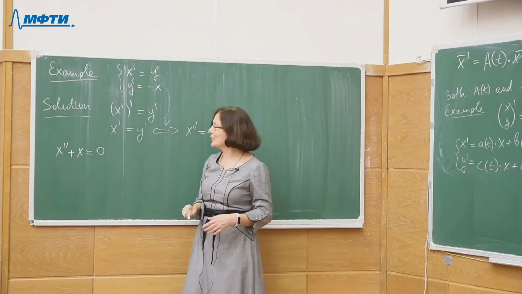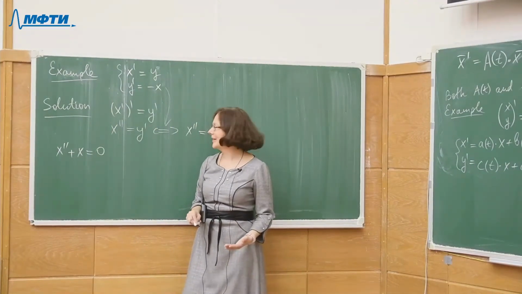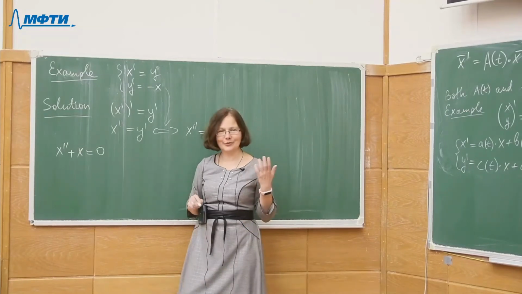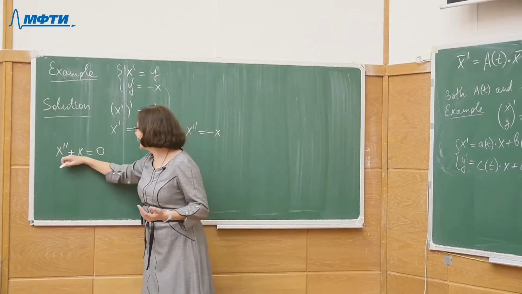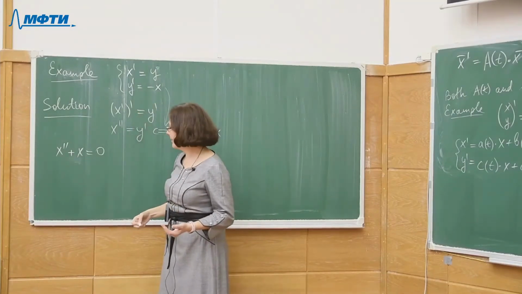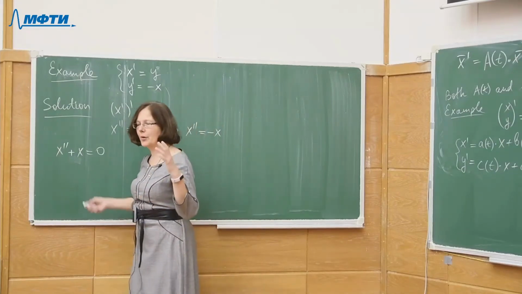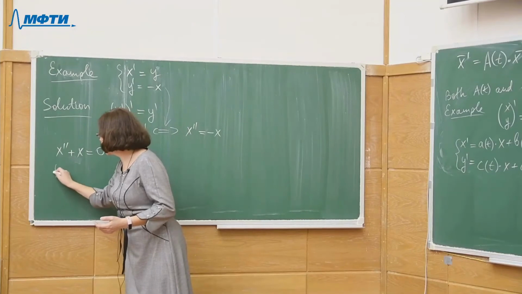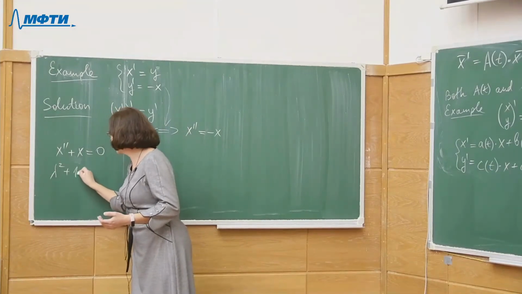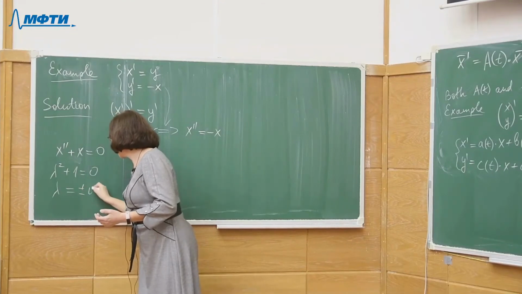Or we can use instead the technique of the Laplace transform. Okay, who knows how to solve? So we should consider the characteristic equation, and we need to obtain its roots. The characteristic equation is lambda squared plus 1 equals 0, and the roots are plus or minus i.